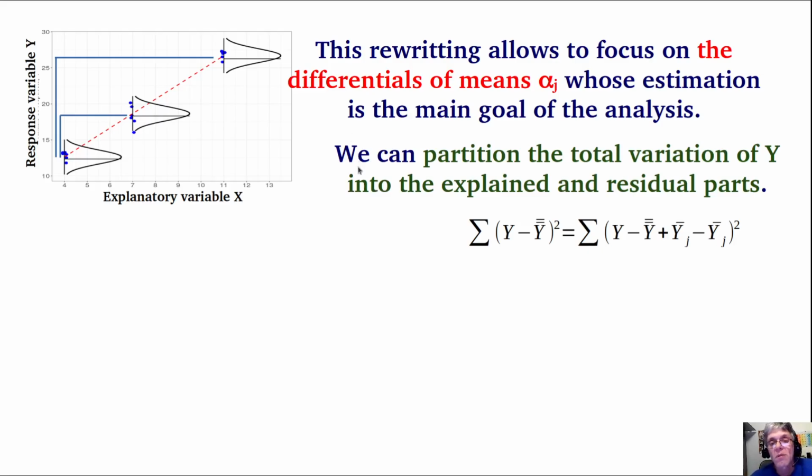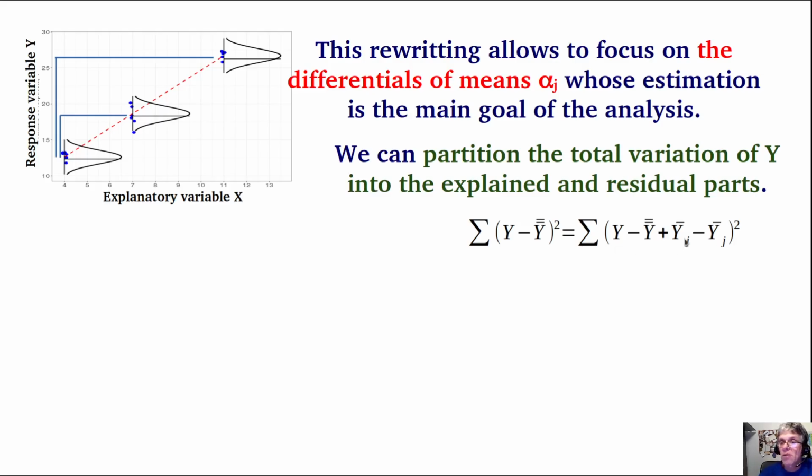Fisher, as we will see in a second, partitioned the total variation of y into the explained and unexplained parts. So here we have each of these values, and here we have y bar bar, which is the mean of the means, the mean of the groups.